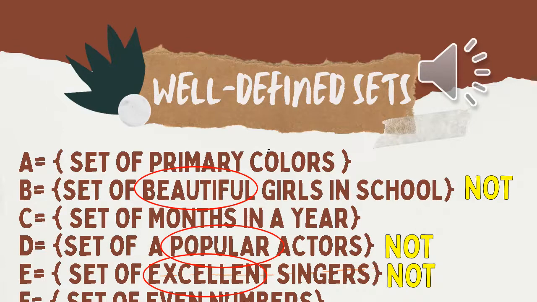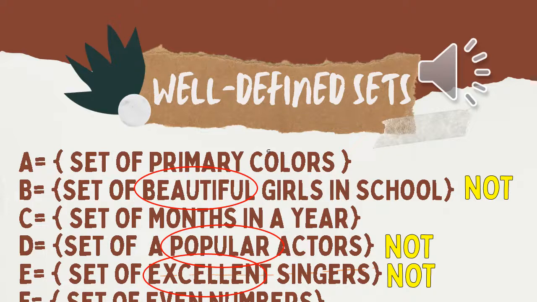Okay, so set A is a well-defined set. How about set B? So set B is set of beautiful girls in school. Okay, so is set B a well-defined set? No, it is not a well-defined set.